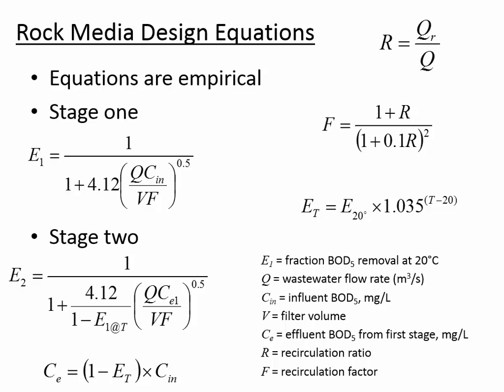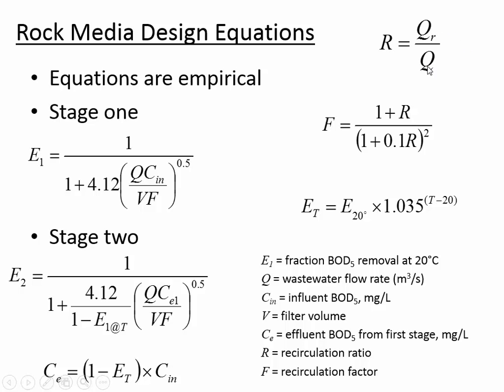But in this case, we're going to take a look at the removal of BOD through a rock filter. And this is a sequential reactor where in the first stage, the rate of the removal depends on the recirculation ratio. And this F is a recirculation factor that's calculated based on the recirculation ratio.